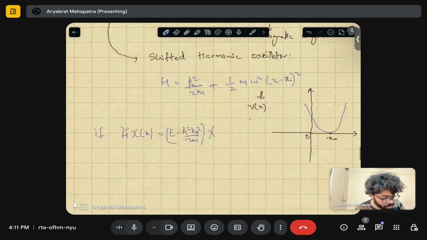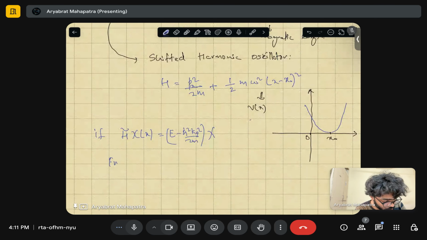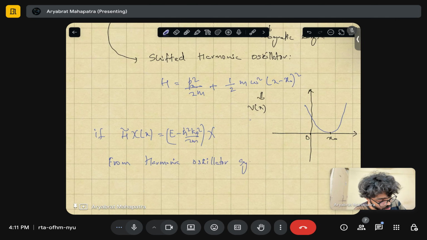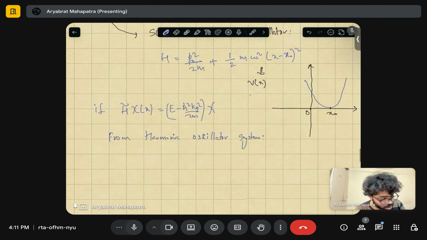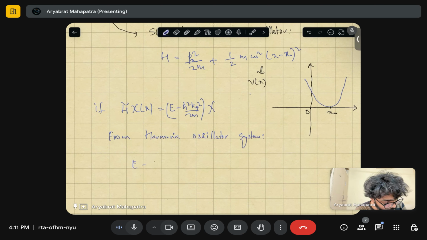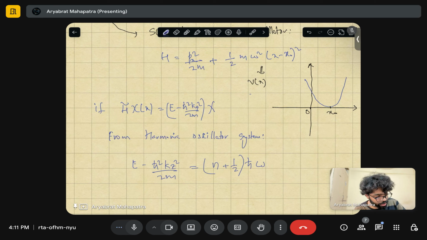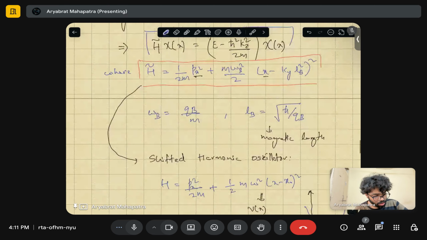Then from the harmonic oscillator system, this energy e minus h bar square kz square over 2m should be equal to n plus half h bar omega, and here omega is omega b. So this is omega b.